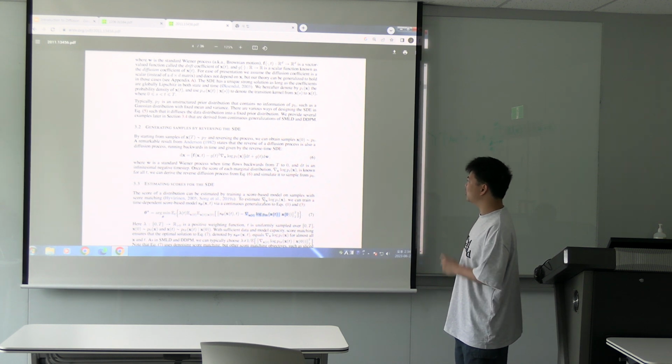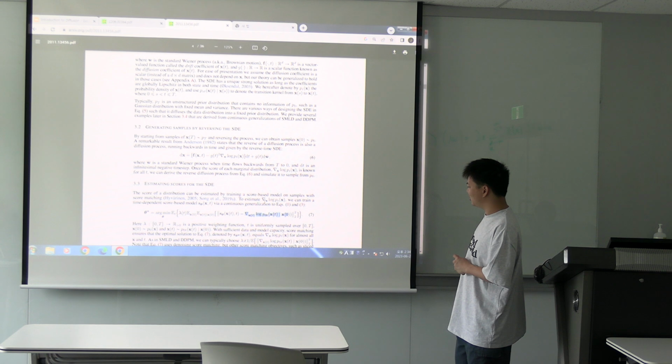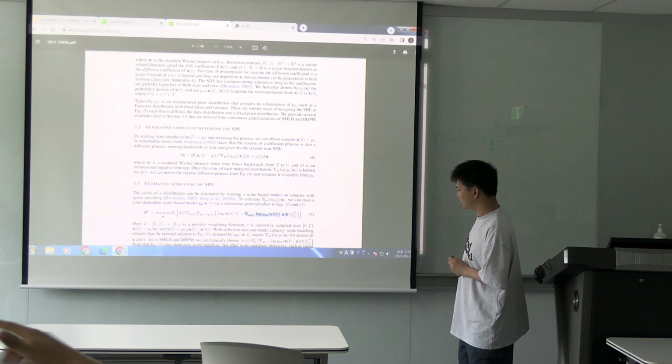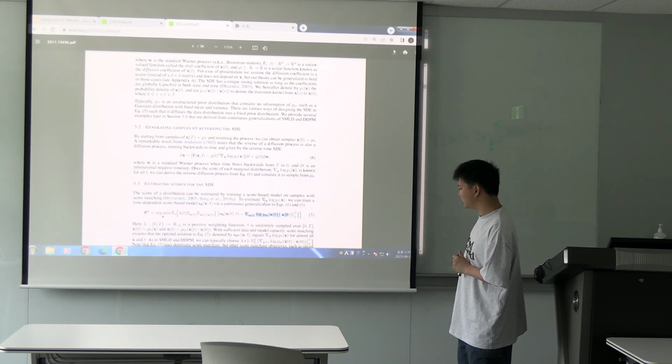They don't explain it in this paper, so I can't remember what we did again. How can we solve this optimization problem, and then we have a model of that gradient.